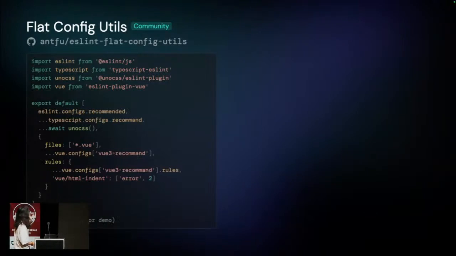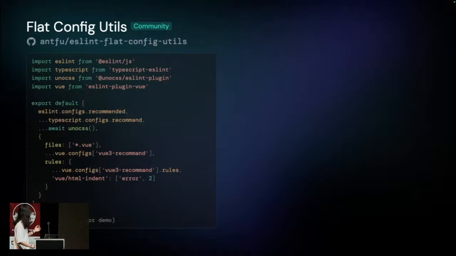Here I import ESLint JS, the ESLint default config, TypeScript from typescript-eslint, and, for example, the UnoCSS ESLint plugin. Depending on how each config is structured, some might be a plain object, some might expose an array, and some might be a constructor that returns an object.